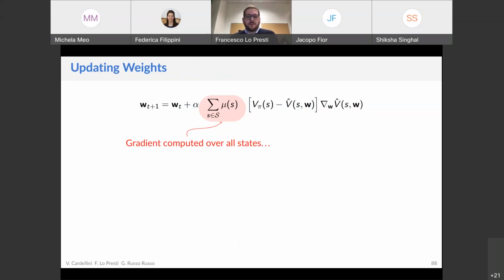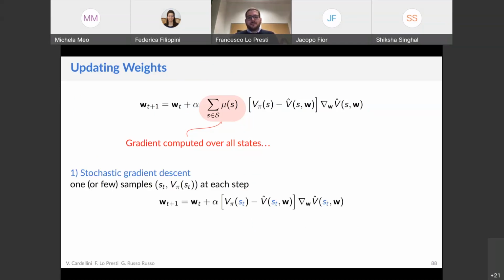The first problem is that to compute the gradient, we need to compute the summation over all the states in the model. Unfortunately, this can be quite expensive from a computational point of view, so we want to avoid this summation, and we can resort to stochastic gradient descent, where we just compute one or a few samples of the value function at each step.